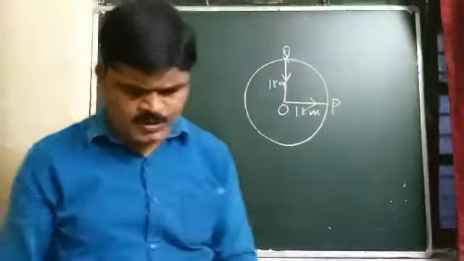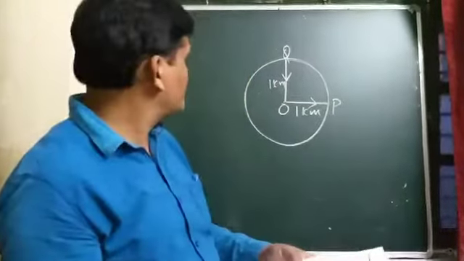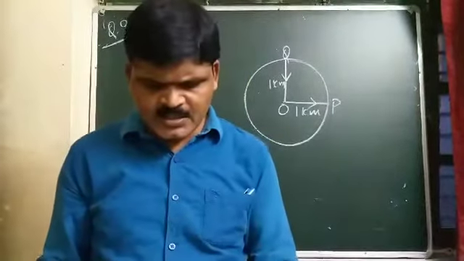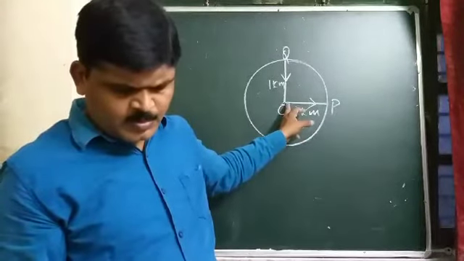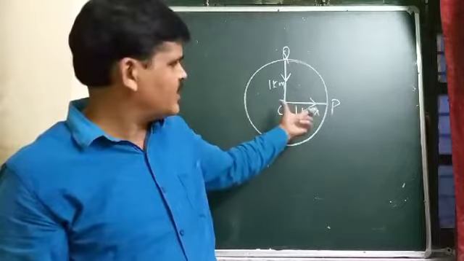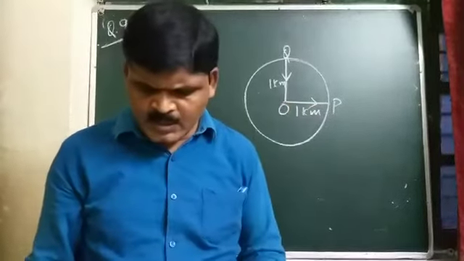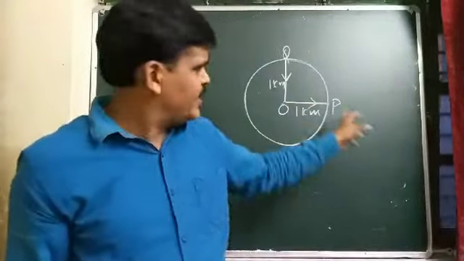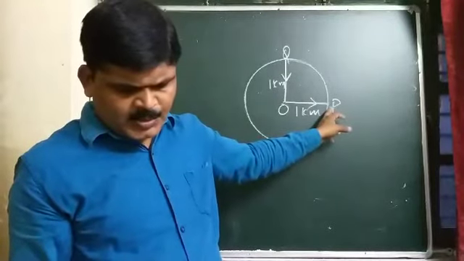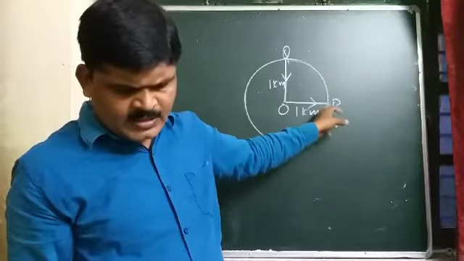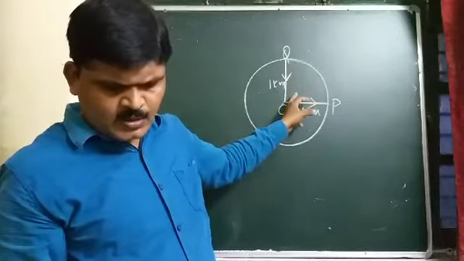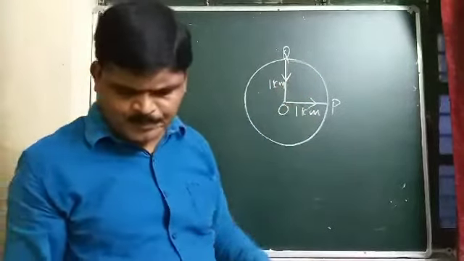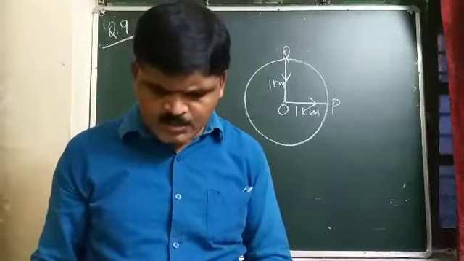And listen, question OPQ. A cyclist starts from center O of a circular park of radius 1 kilometer, reaches the edge P of the park, then cycles along the circumference and returns to the center O, as shown in the diagram.